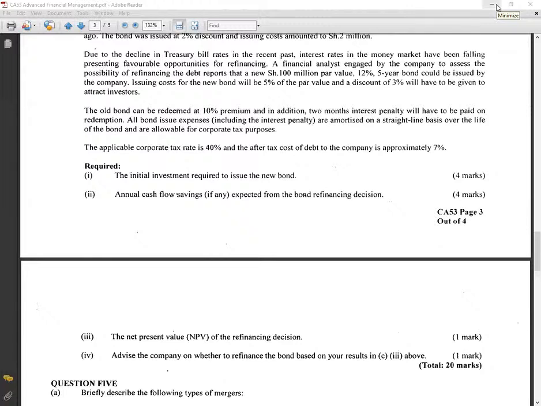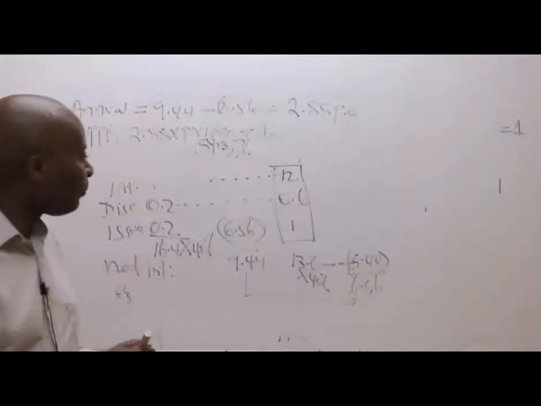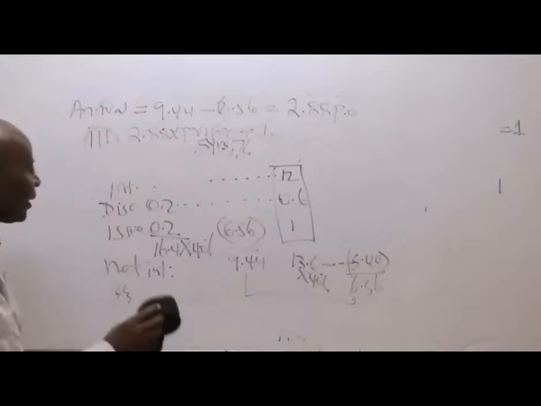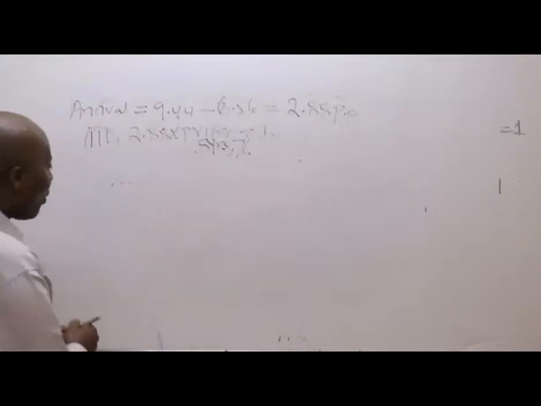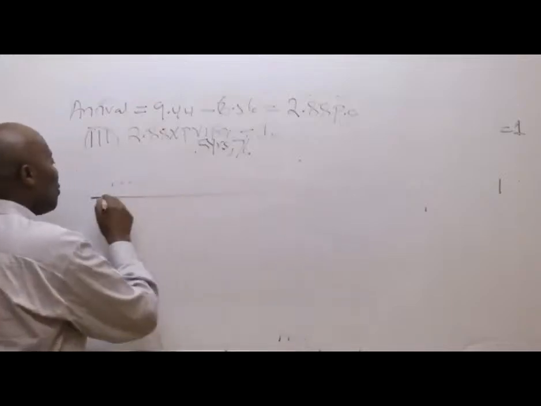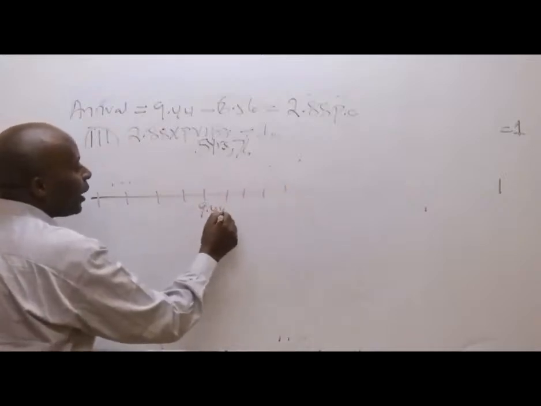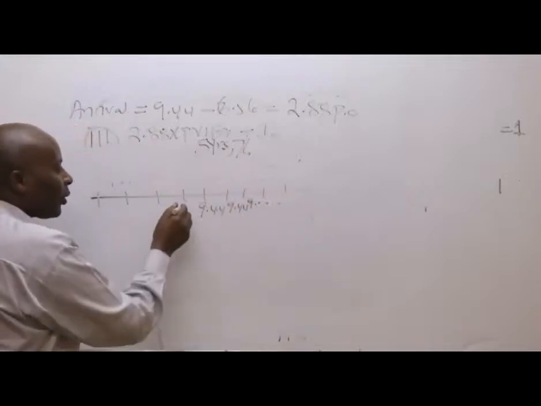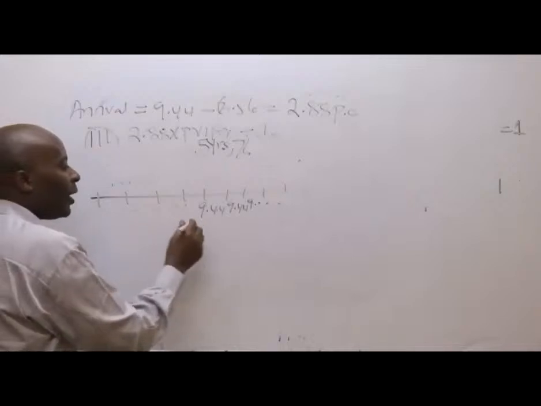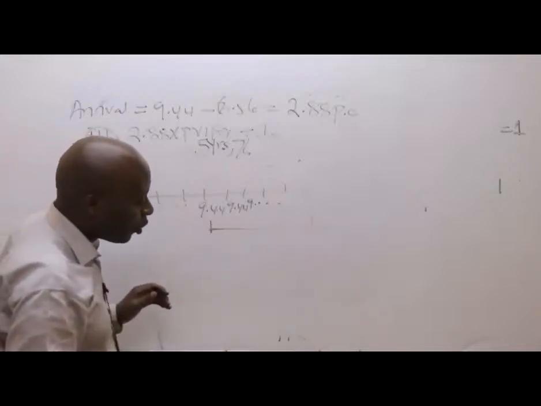But regardless, when it comes to this benefit, listen here. We are saying that if we continue with our 10-year bond, where every year, the last 5 years, ungeendelea kulipa 9.44, 9.44 etc. But now the new bond ambayo itaanzia hapa kwenda mbele, utakuwa unalipa ile kitu ilikuwa kidogo, 6.56.